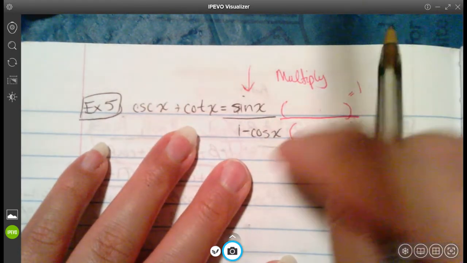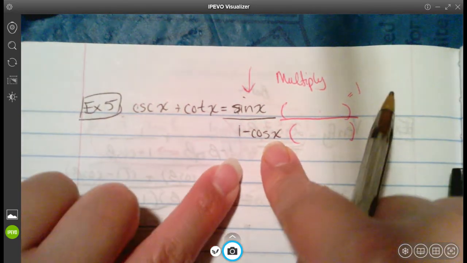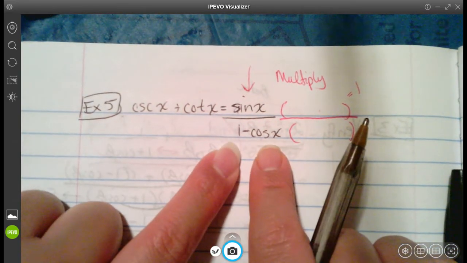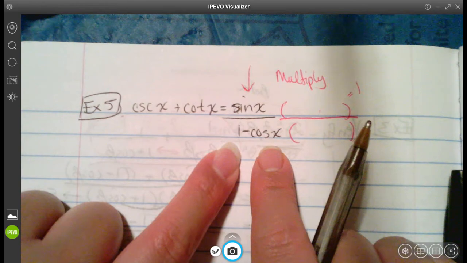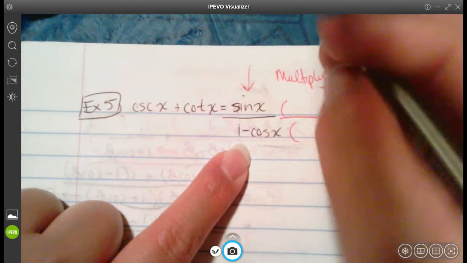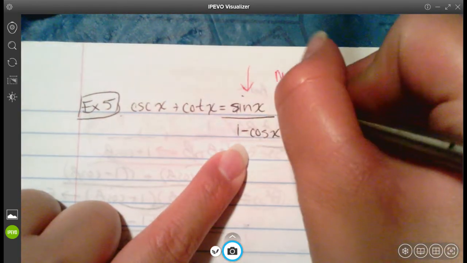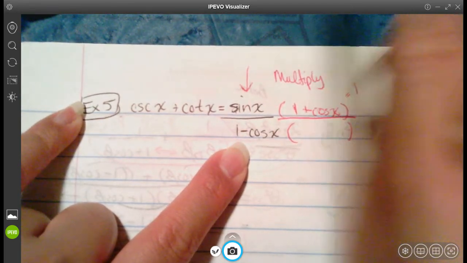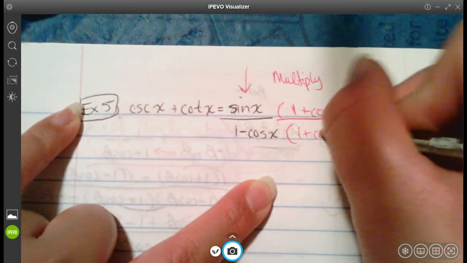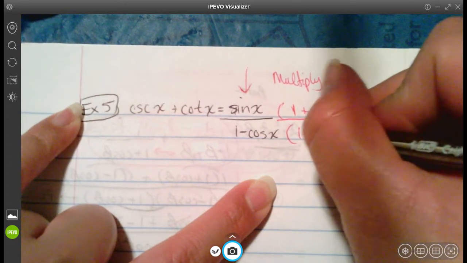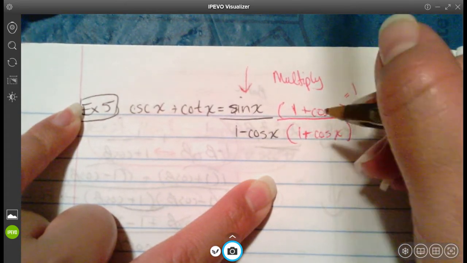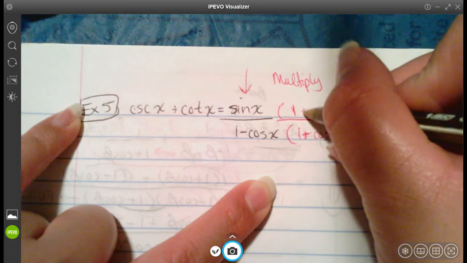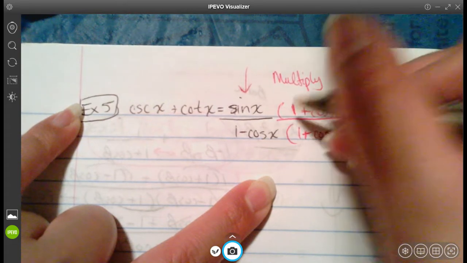When you have a problem like this, you typically want to do the conjugate of this. If you go back to your complex numbers, it'd be like saying 1 plus cosine of x, so just change the sign. That will work sometimes. Sometimes you just have to play with it and see what works.